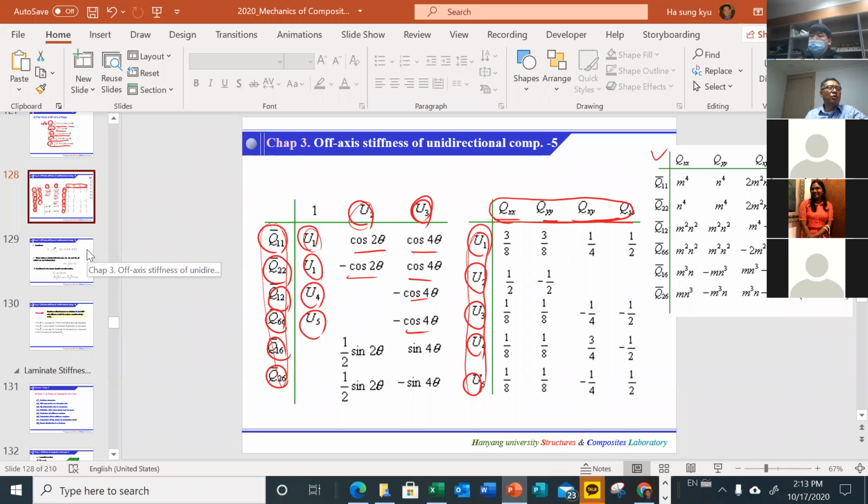Another one is that U1, 2, 3, 4, 5 can be called invariant. Invariant means that regardless of this coordinate system, U1, 2, 3, 4, 5, even in terms of this 4 term, do not change. So this U1, 2, 3, 4, 5 are called invariant.